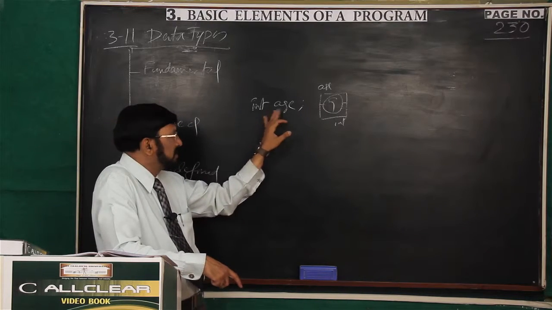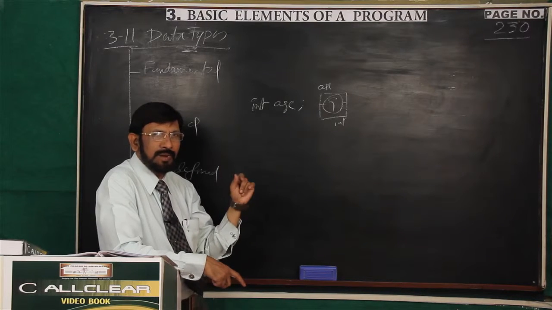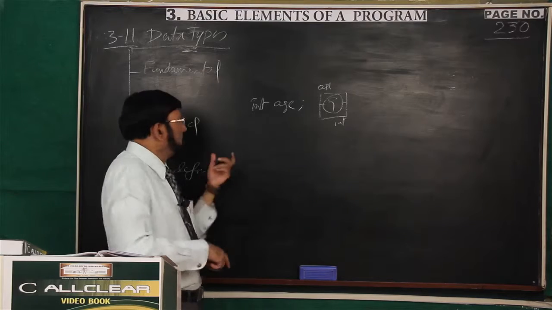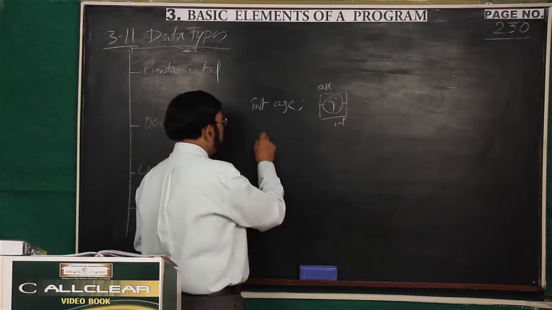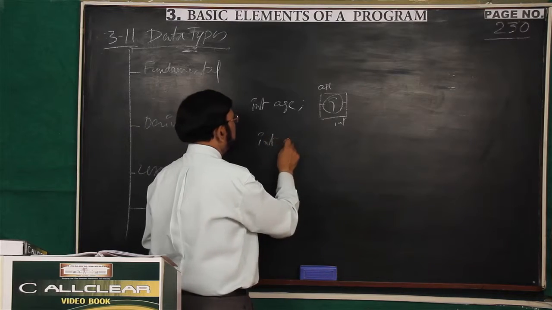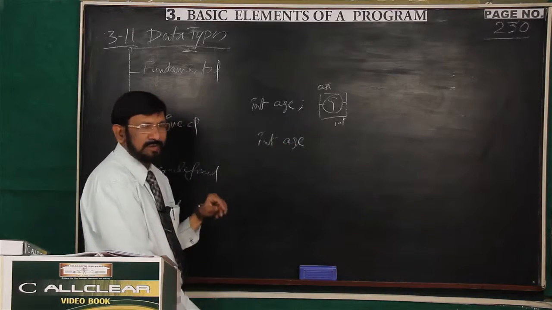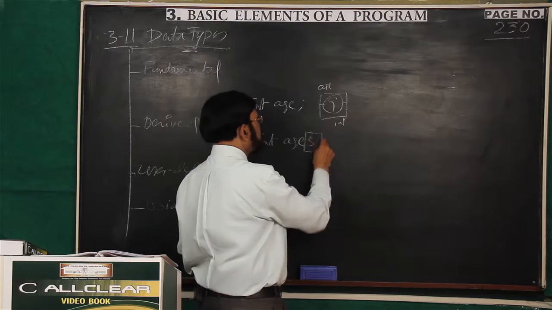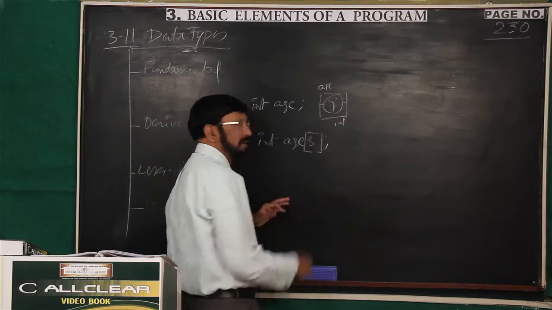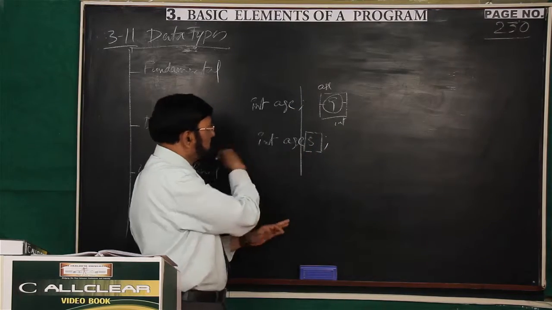As far as this is concerned, storing one value, we don't have any complaint. So, how can we store a set of values? For this purpose, a derived data type, array, is created. Now, see age, age. As far as this is concerned, both are same.